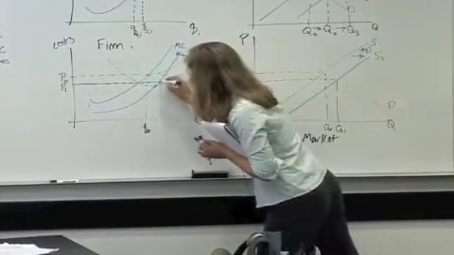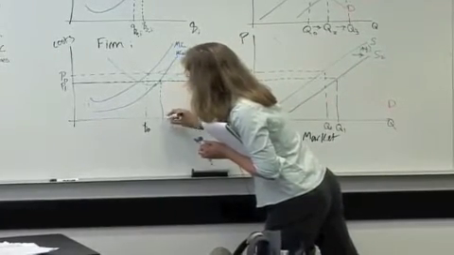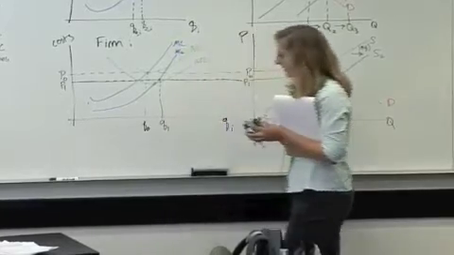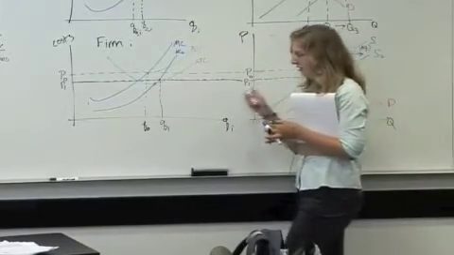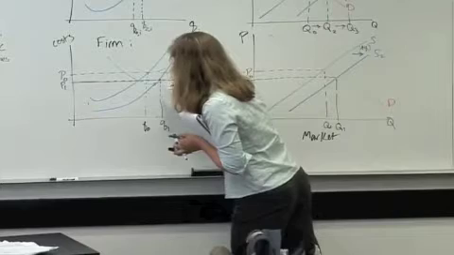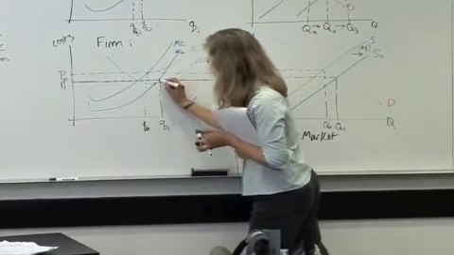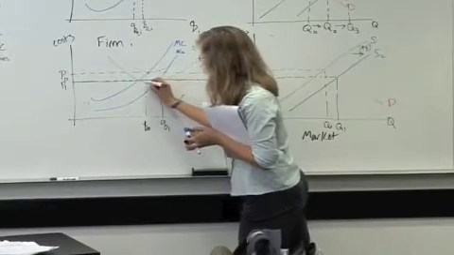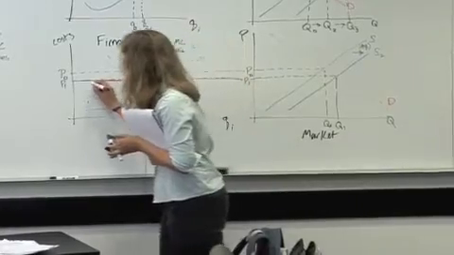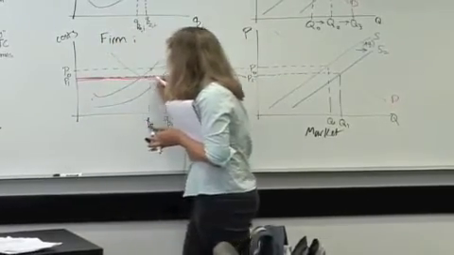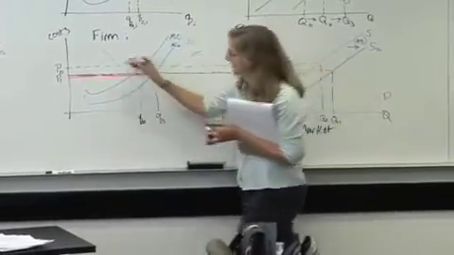We're producing here at little Q1, and we end up having positive profits, right? Because we have this difference. So there's this tiny little square here of positive profits.